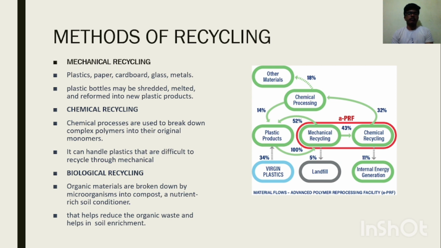The biological waste that is generated from a house, like food materials, vegetables, and other organic materials, can be converted by microorganisms into compost, which can enhance the nutrients in the soil.